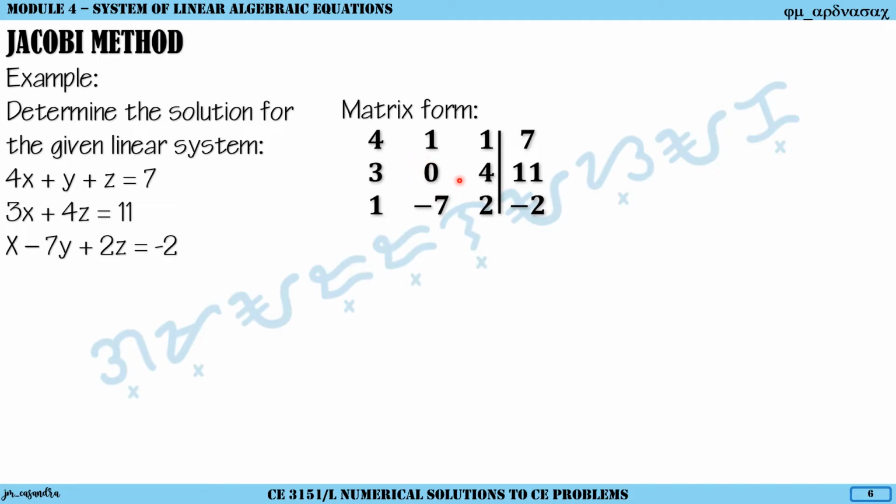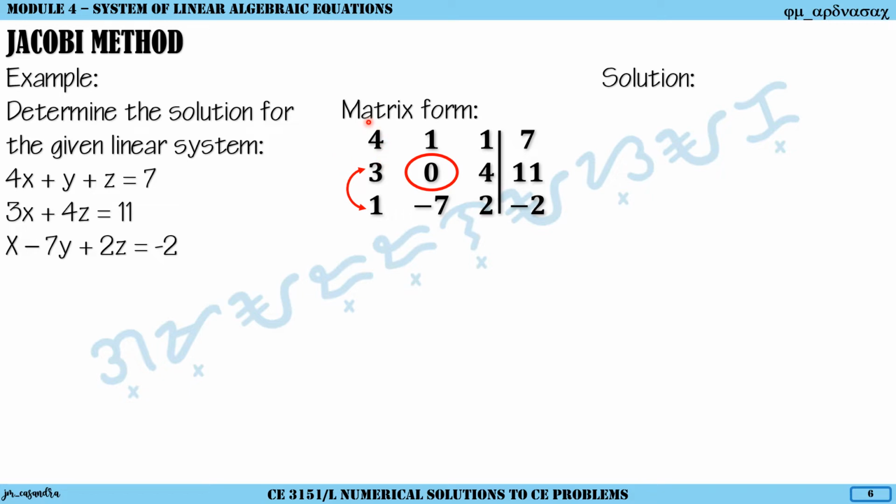So in that case, we now swap row 2 and row 3. We'll now have a new matrix form, and from the new matrix form, we can write our rewritten or derived equations.